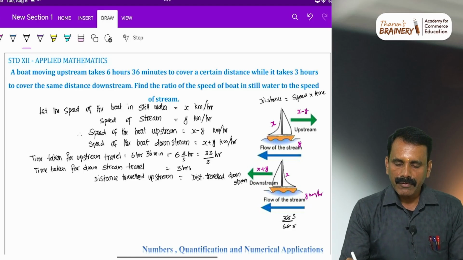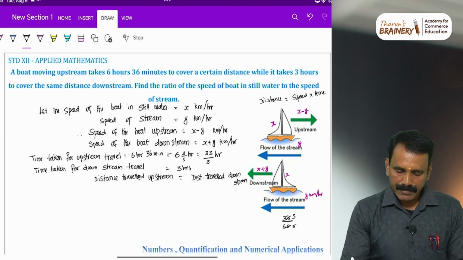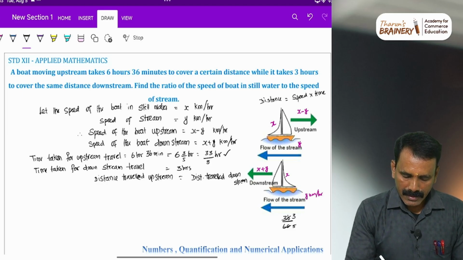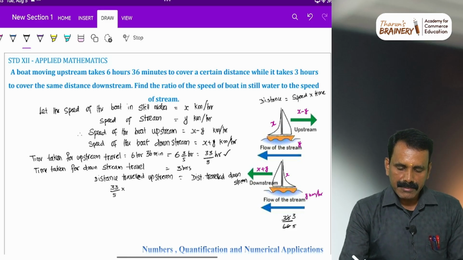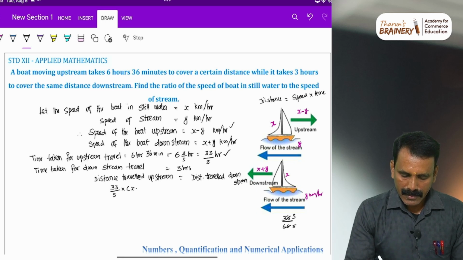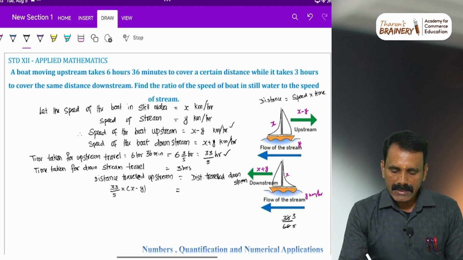We substitute using the formula. It is time into speed. For the upstream, the time taken is going to be 33 by 5 multiplied with upstream speed x minus y, which is equal to distance traveled for downstream.